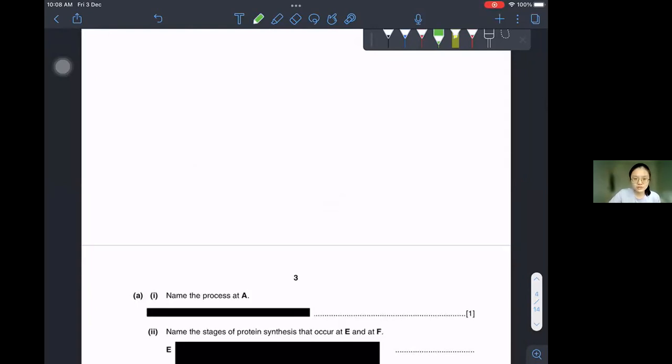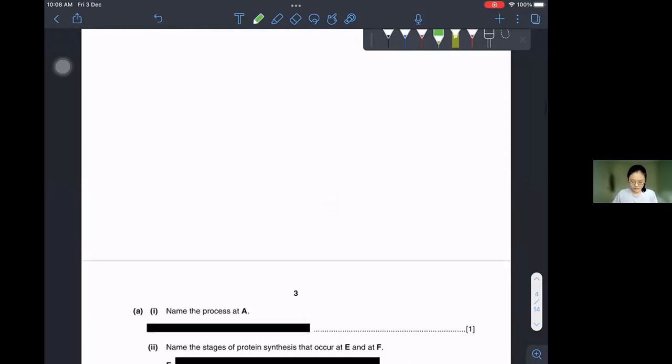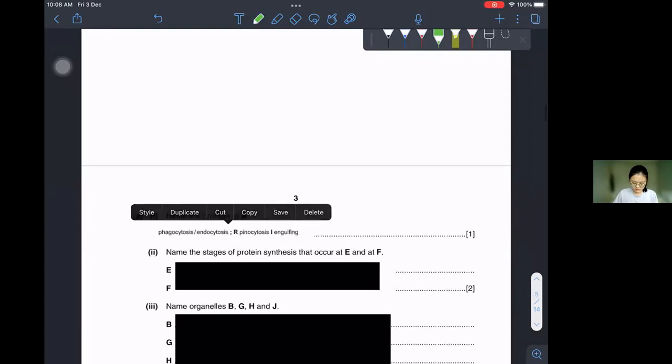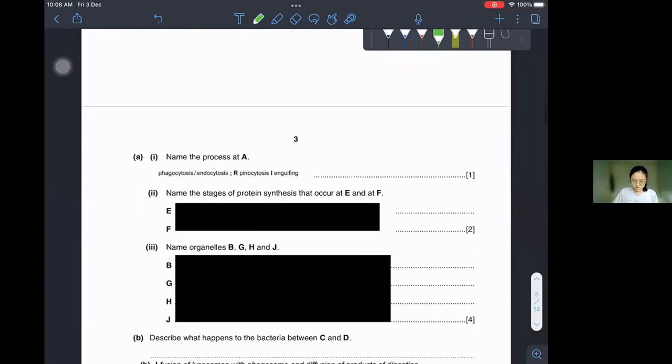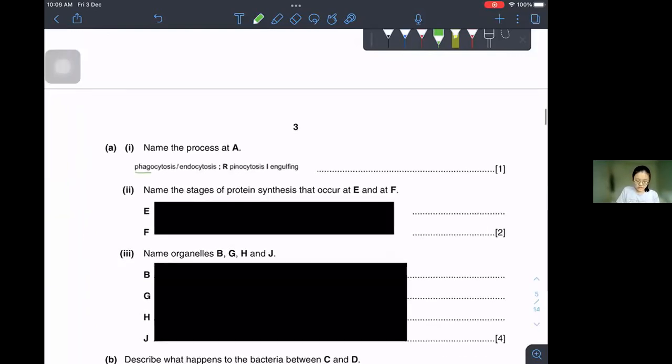Yes, Jung-Un, it is endocytosis. We can also say phagocytosis, but pinocytosis is rejected, because pinocytosis is cell drinking. And engulfing is also ignored, because engulfing is an action, not a process.